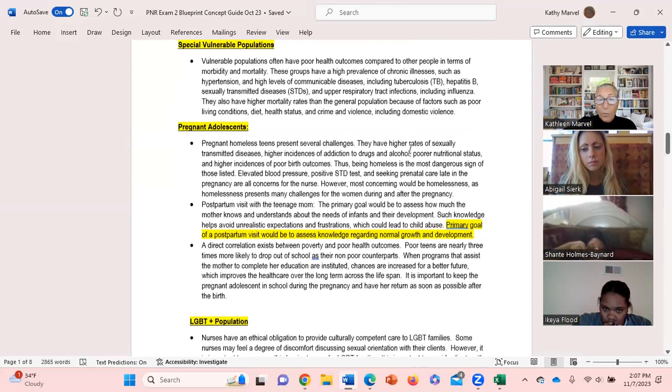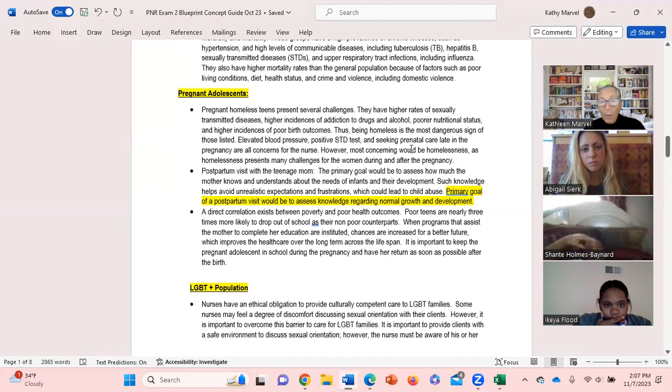Okay, as far as pregnant adolescents, what do we want to know about pregnant adolescents? We talked about pregnant homeless teens as a subset of that. It's risky enough to have pregnant adolescents, but then you have pregnant homeless teens.